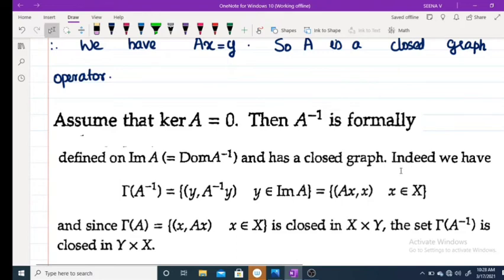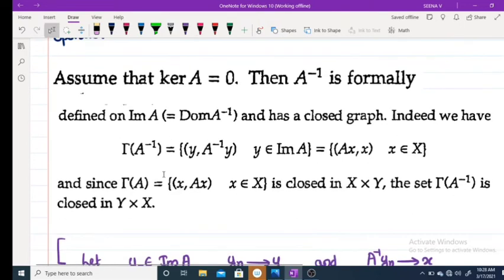What is Gamma(A inverse)? This is the graph of A inverse, the set of all (y, A inverse y) where y belongs to the image of A.